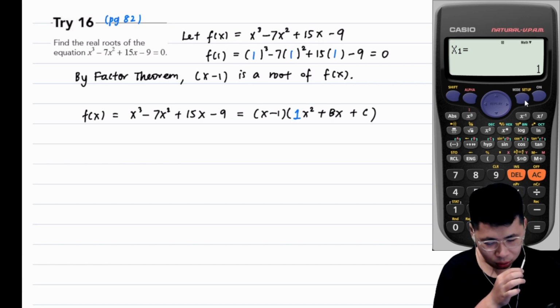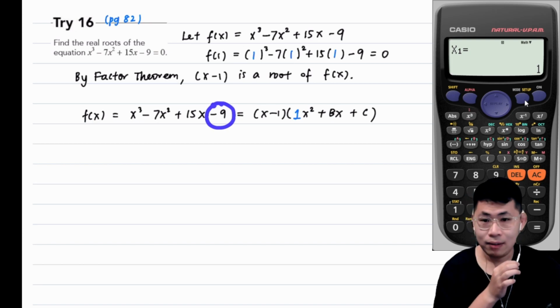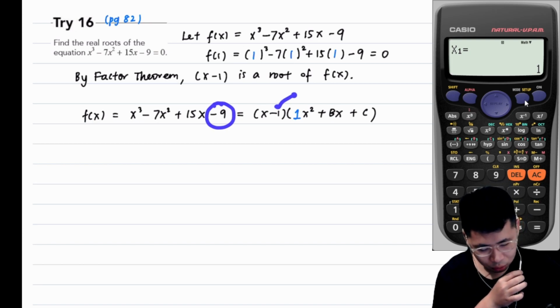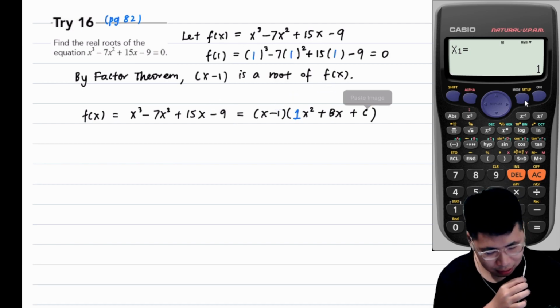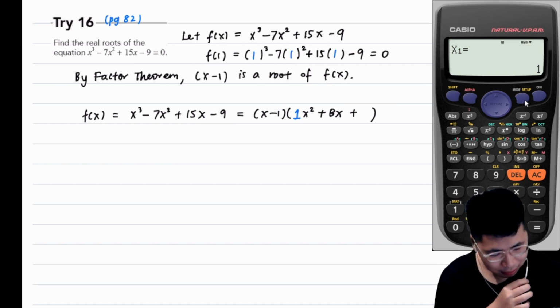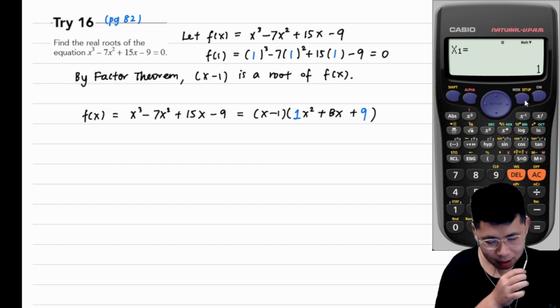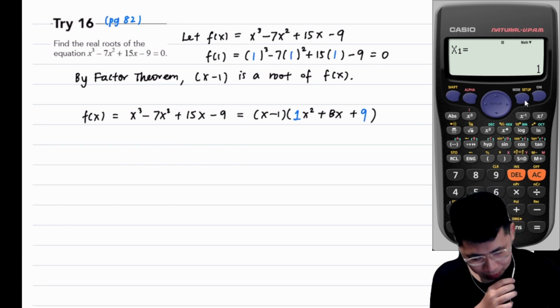Now for c over here, I have a -9. So what do I need to multiply by -1 to get -9? I need to multiply by 9. So c is going to give me a plus 9. Okay, let me double check again.